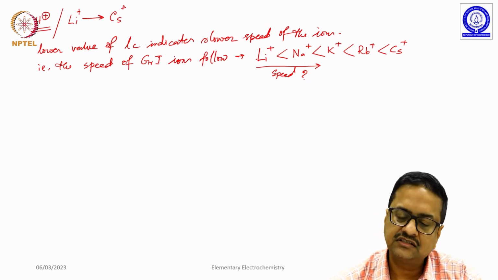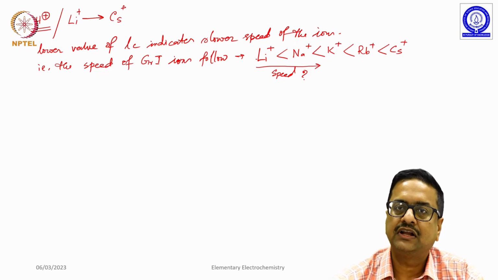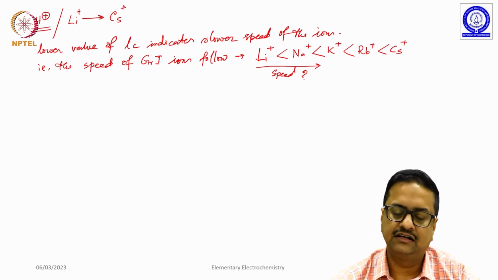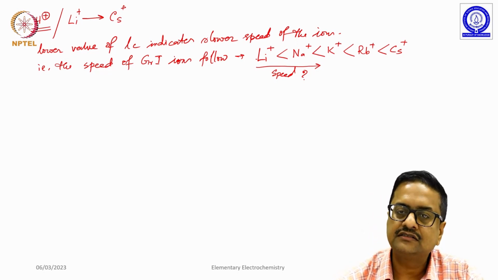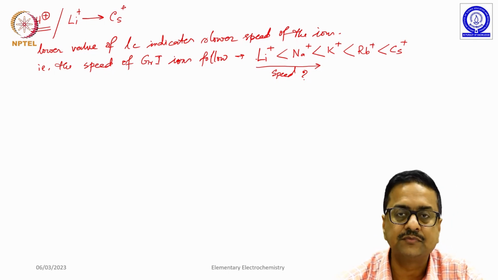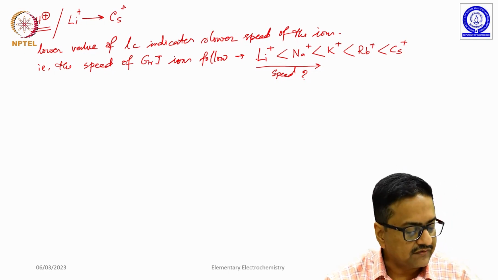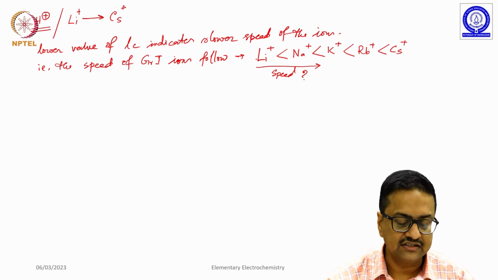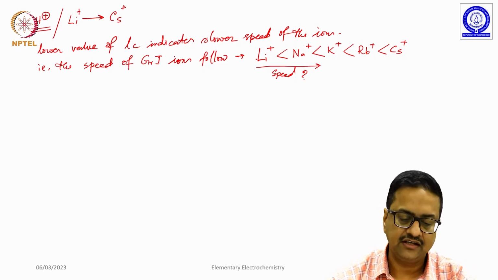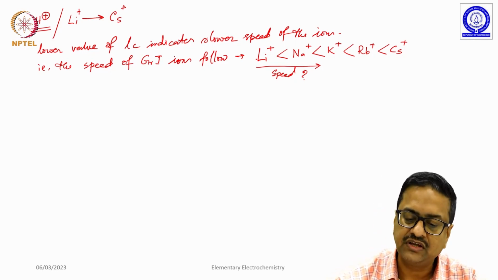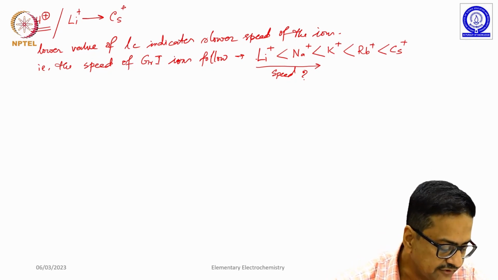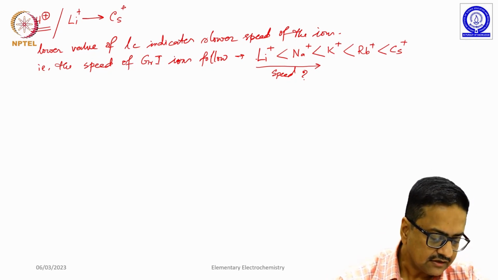If you consider that concept, then lithium plus should have the highest speed and cesium plus the lowest speed. But here again the situation is totally reverse from the values of ion conductance that we see. That means it looks like lithium has a very slow speed and cesium has a high speed, right?